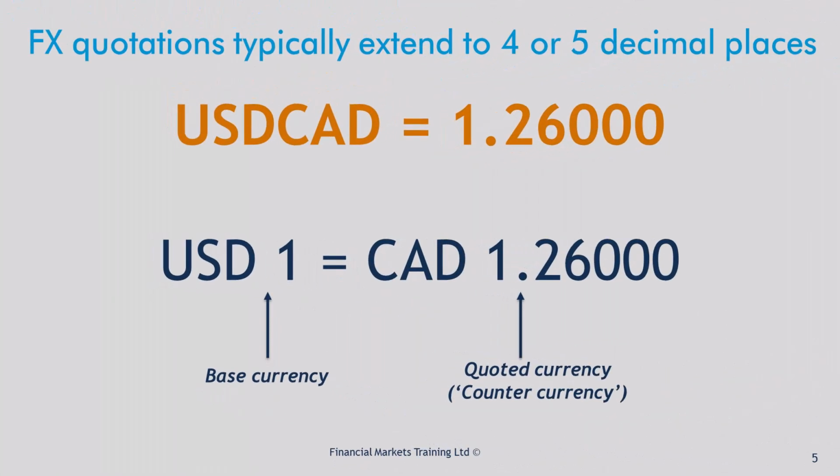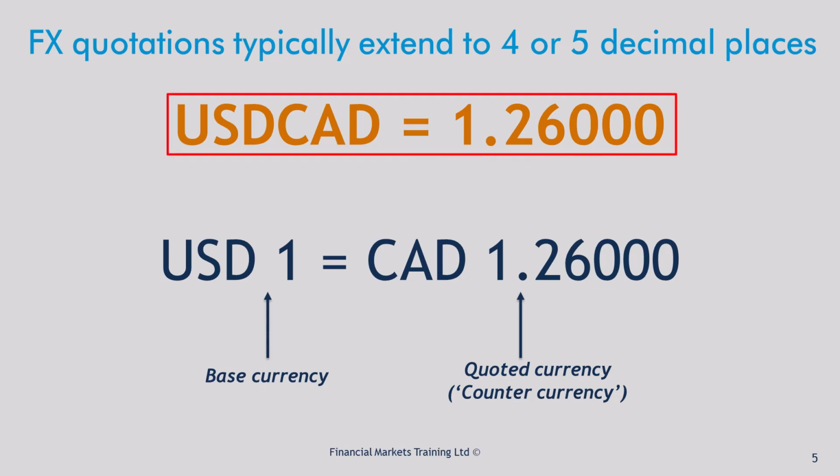In this module we will be looking at spot market quotations. This is a transaction where cash flows are exchanged 2 days after the trade date. Using our example of US dollars and Canadian dollars, represented by their 3-letter standardized codes, we could write the quote formally as $1 is equal to $1 and 26 cents.